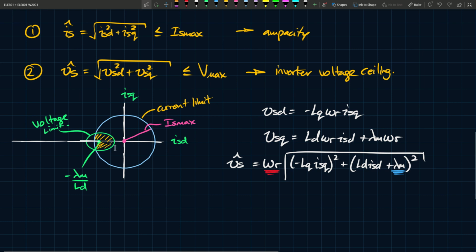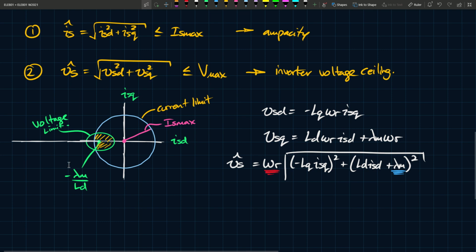We see that this depends directly on the value of omega r, and would obviously depend on the value of ISQ as well, because ISQ is used to control the torque. Omega r is a command that you want to give, so you have to choose ISD based on omega r and ISQ, such that you reach the balance of torque and speed that you want.